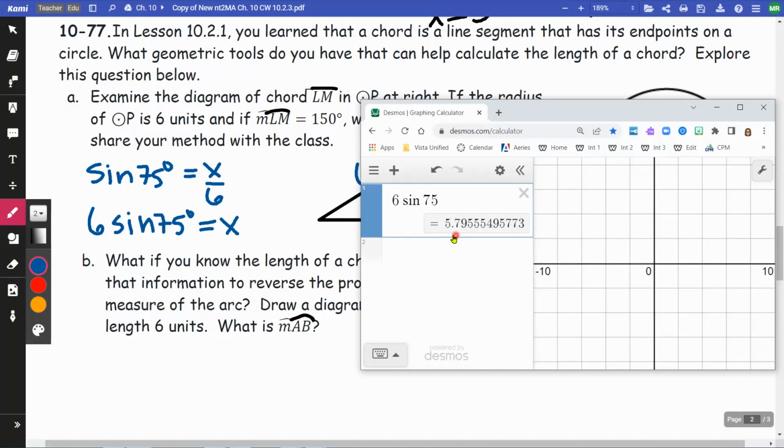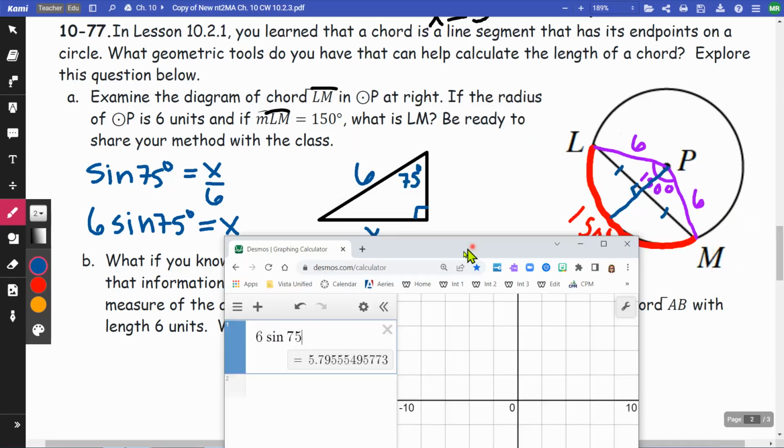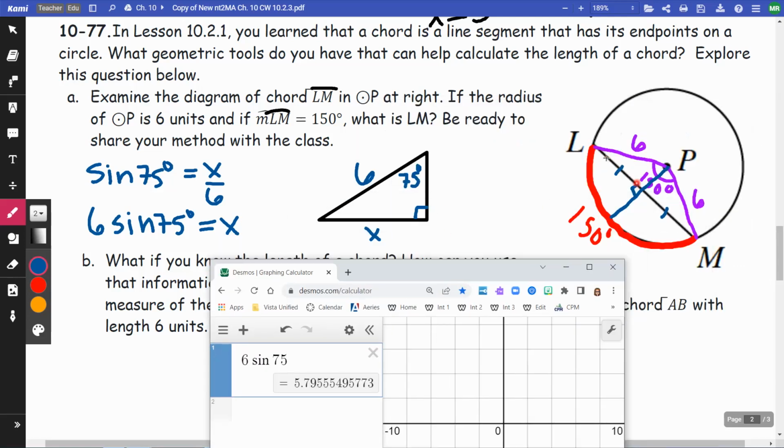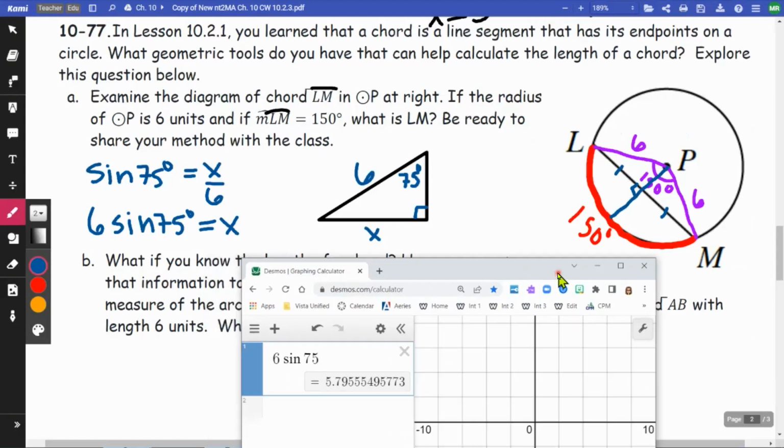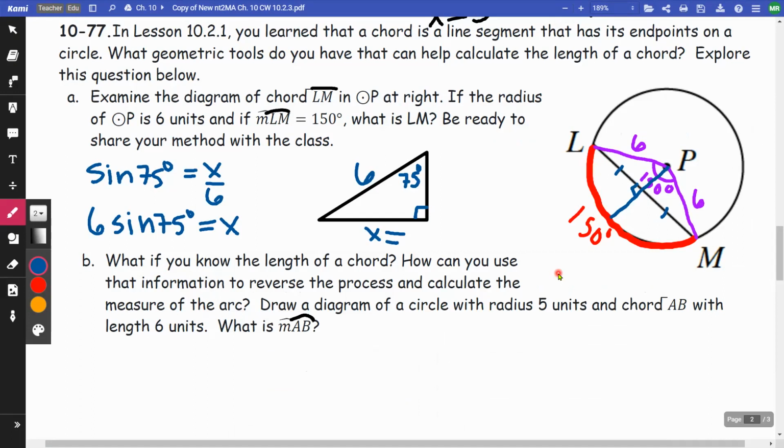And I get that the line segment is 5.79. So let's say 5.8. Then I am going to double that because that is going to be this portion, but I want the whole length. So I am going to double that. But first, let me write that my x is going to equal 5.8.